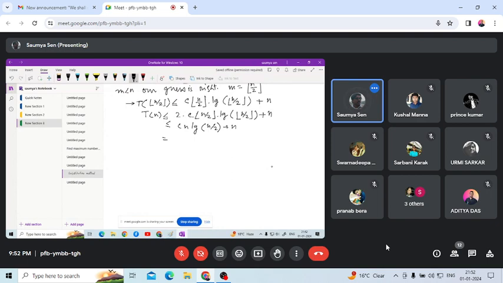That means Cn Lg n minus Cn Lg 2 plus n. Lg 2 is 1, that is less than or equal to Cn Lg n. So it is proved T of n equals to this.